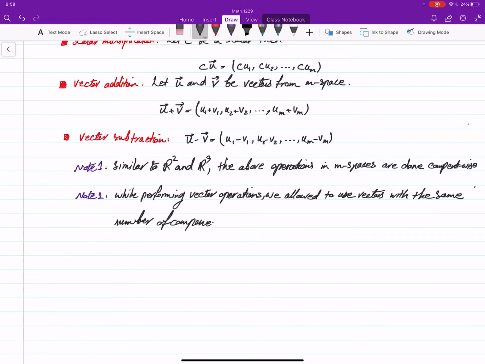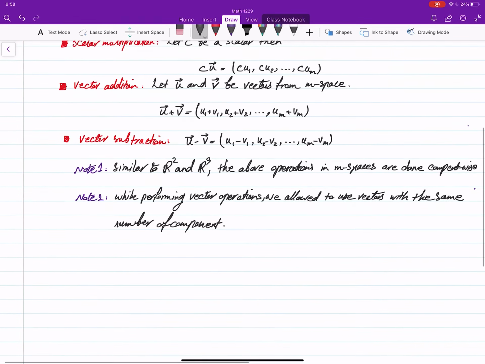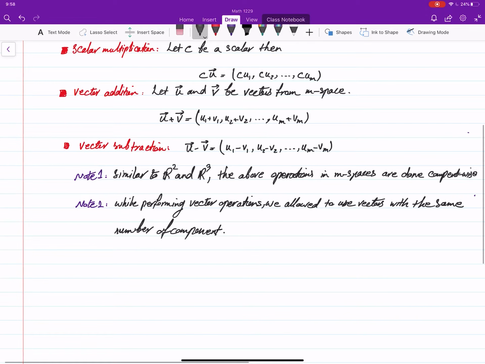We cannot add a vector with 3 components to a vector with 4 components. We cannot deal with those kinds of situations. Okay, so it's very similar. It's mostly a review of what we learned in section 1.1.